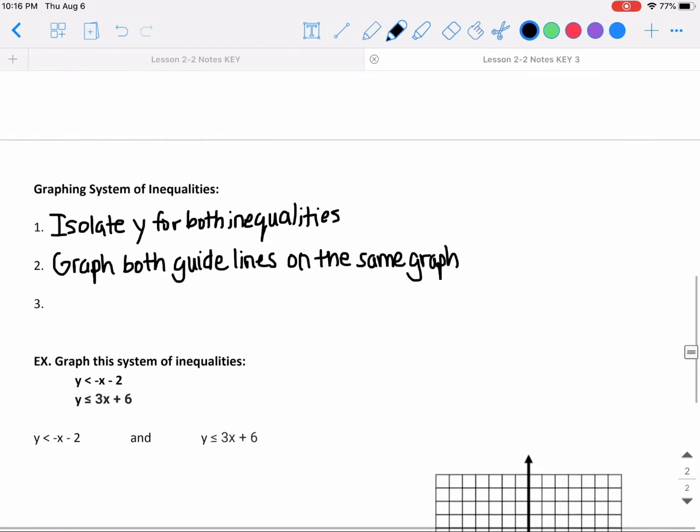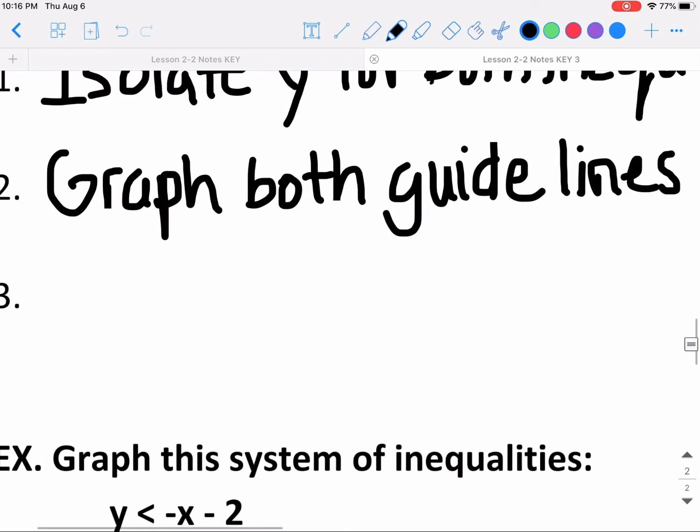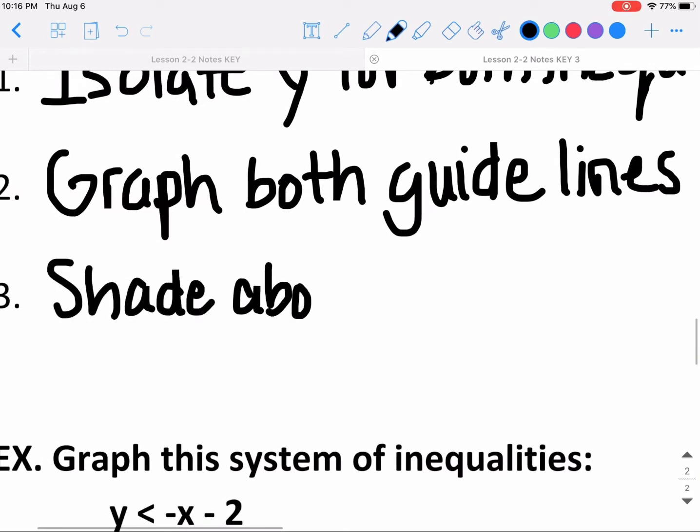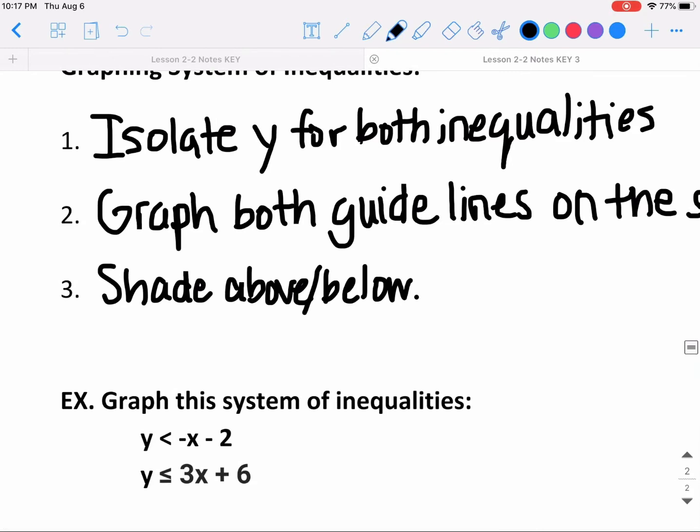And my last step is to shade above or below the lines. So I'm going to shade above or below, depending on the inequality sign for both inequalities.